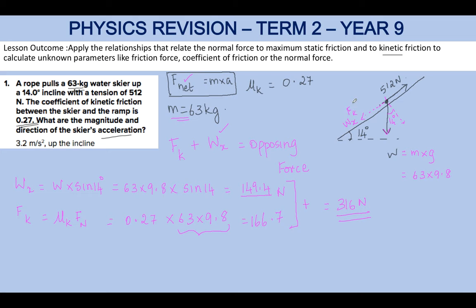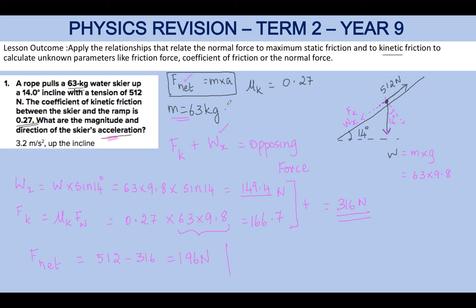I've calculated both the opposing forces. Now I need to find F net. F net equals the applied force, the forward force, minus the opposing force: 512 minus 316, which gives 196. So F net is 196, but the question asks for acceleration.